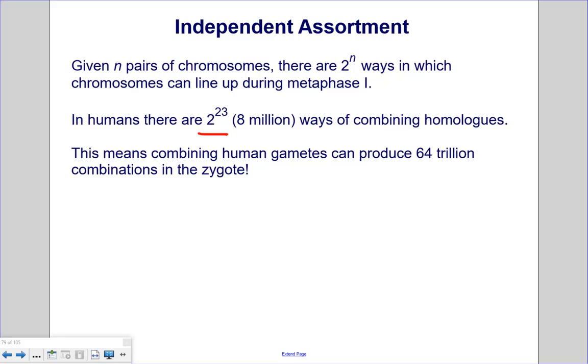So this means that combining human gametes can produce 64 trillion combinations in the zygote. So if you can imagine this, the chances of you and one of your siblings having the same exact sets of chromosomes from your parents after the gametes combined is a 1 in 64 trillion chance. So with the exception of identical twins, you could very much count on you and your siblings having a very unique set of chromosomes from your parents.